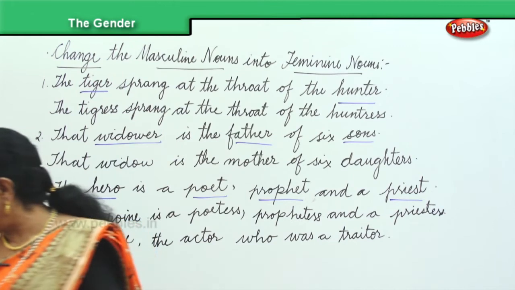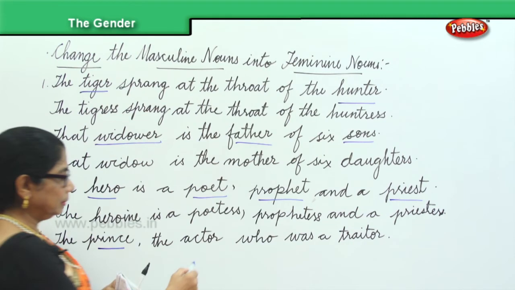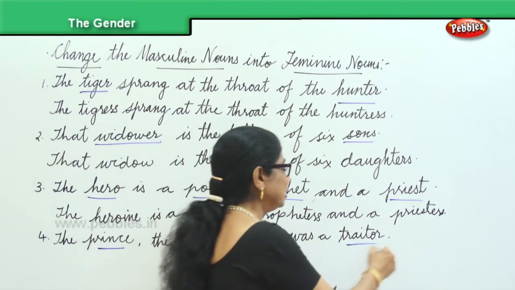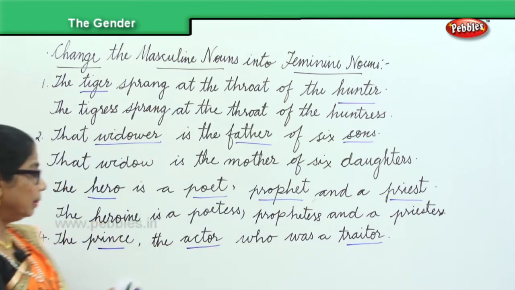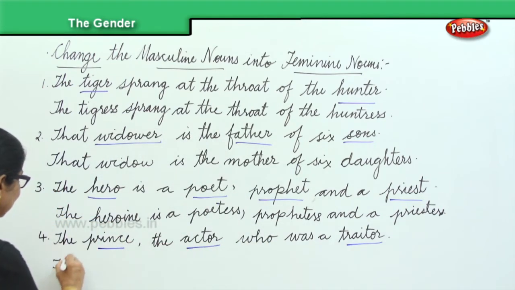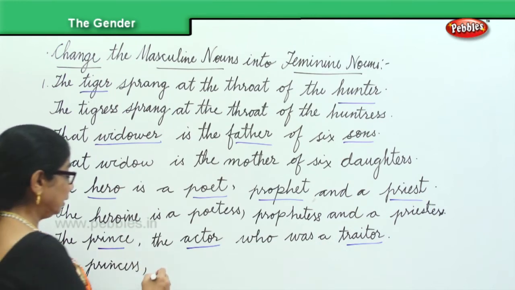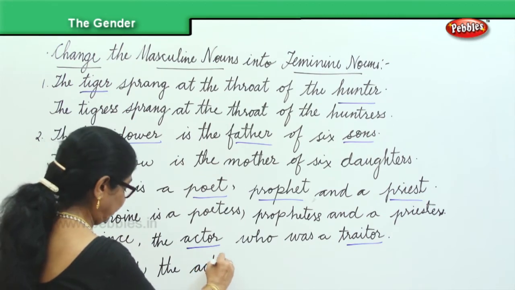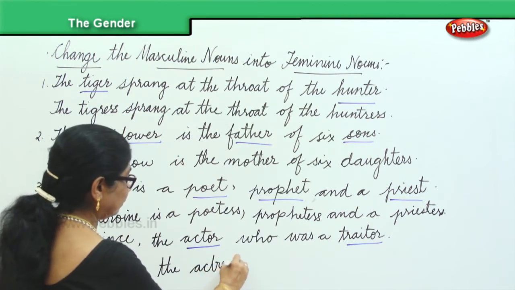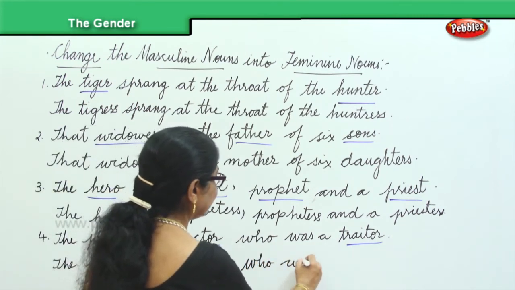Now the words to be changed are prince, actor, and the traitor, whether it's masculine or feminine, it remains the same. So we have here the prince becomes princess, the actor becomes actress. The princess, the actress, who was a traitor.